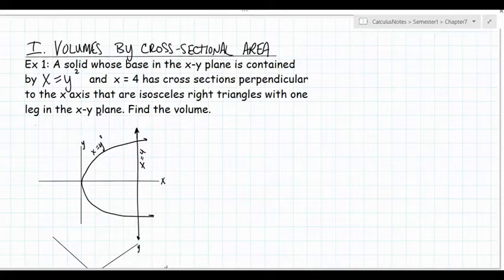We're going to mold it as it comes up out of the plate. We're going to mold it so that its cross sections are isosceles right triangles. Okay, so that would look like this coming out of the board.